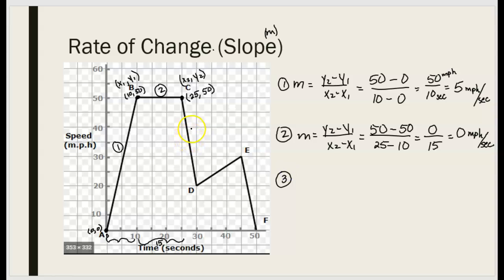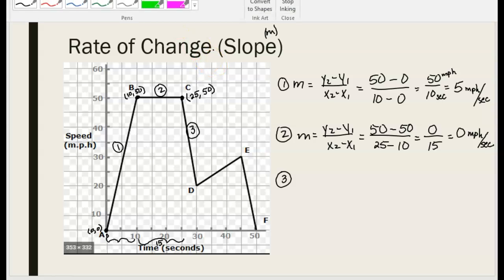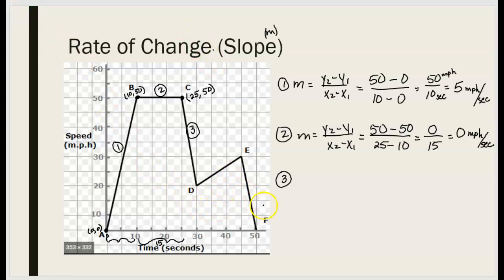Let's go on to the third component of the graph, which is what I just labeled on the screen. Okay, again, I am going to erase my x1, y1 and my x2, y2 because I get to choose where I do that for every individual situation that I have to calculate, okay? So point D is what I'm going to be looking at now. Point D, my x value is at 30.